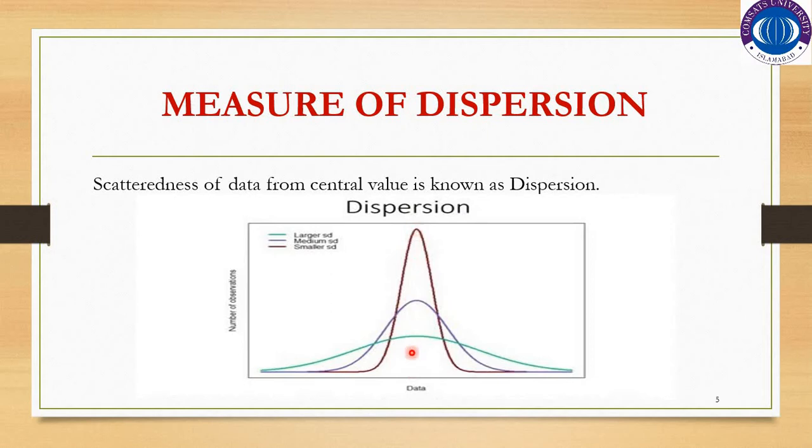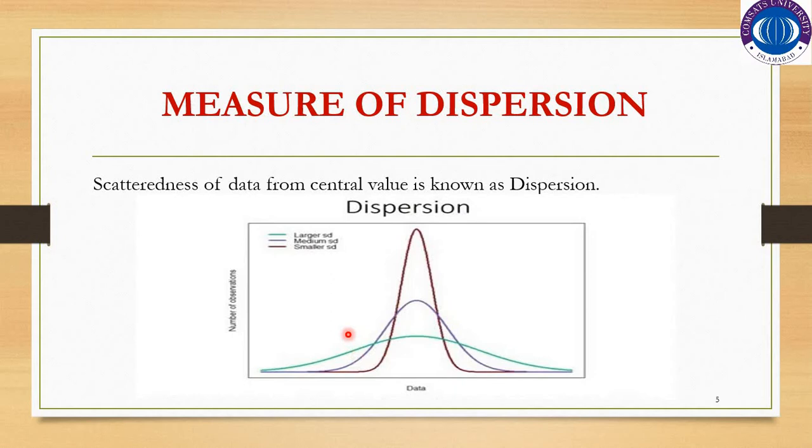This aqua colored one is the flat one, this blue one is the moderate one, and this purple one has the highest peak. But this one is narrower than the other two.